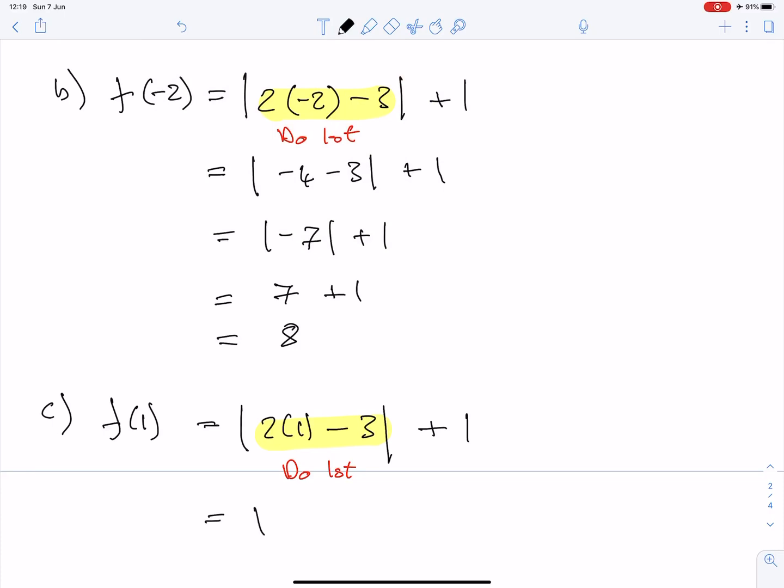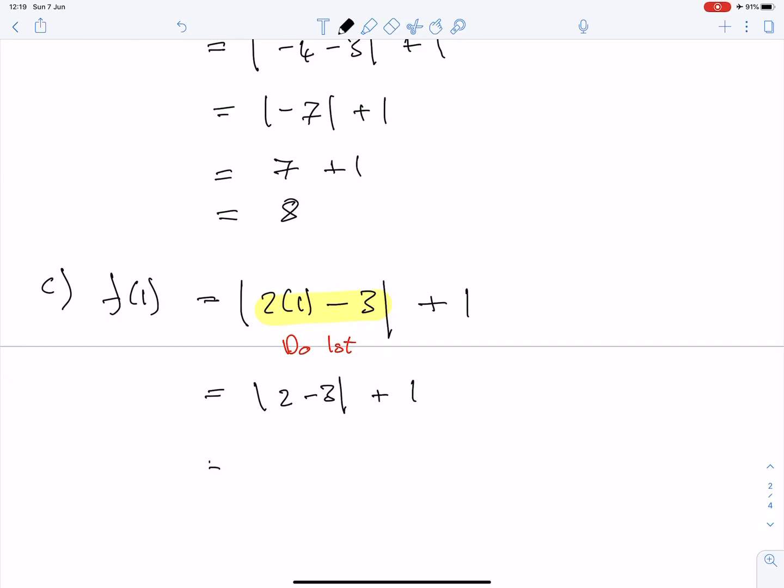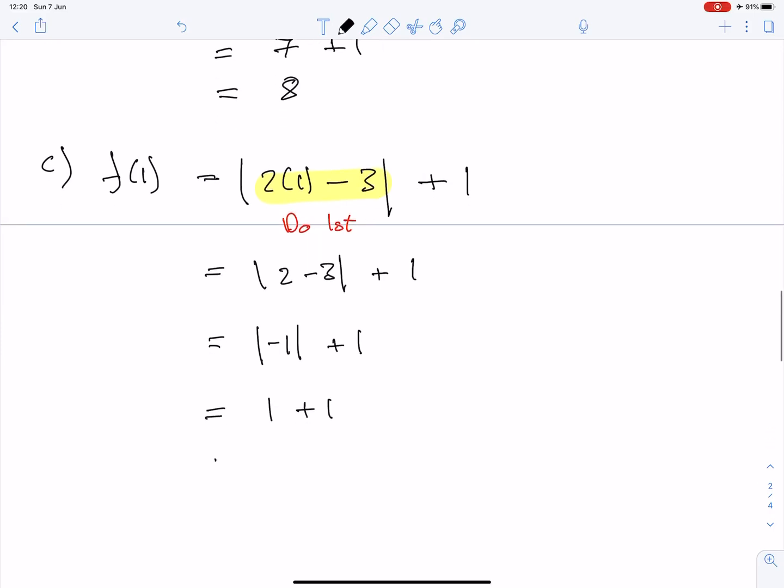So we get 2 take away 3, plus 1. 2 take away 3 is -1, plus 1. But the magnitude, the size, the modulus, all the same meaning, the absolute value of -1 is 1, plus 1. So we get 2.